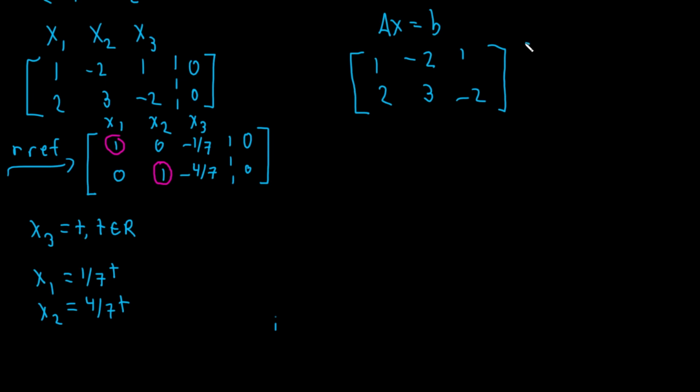So I'd have to write out everything that x1, x2, and x3 are equal to. So x1 is going to be 1 over 7 t, x2 is going to equal 4 over 7 t, and x3 is just going to equal t. So these are the solutions to our system of equations, and this is going to equal B, which we said was 0, 0.